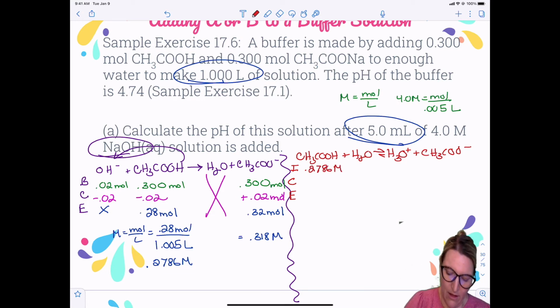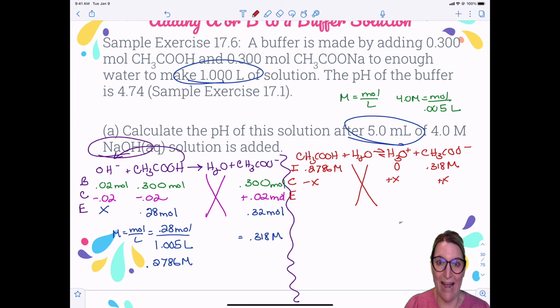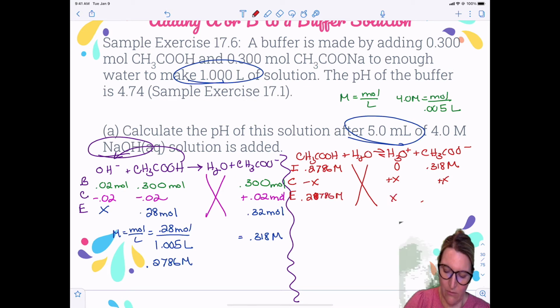Water doesn't count. H3O plus starts out as 0, and this is 0.318 molarity. Minus X, plus X, plus X. Of course, this being a weak acid, the X is negligible, so 0.2786 and 0.318 molarity.